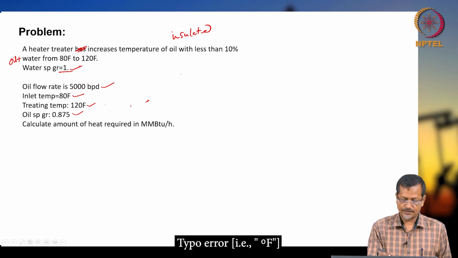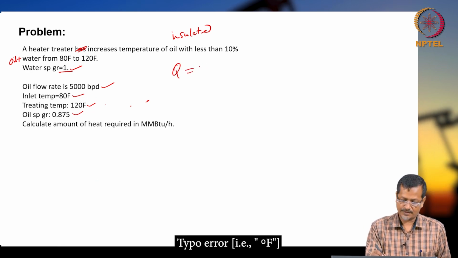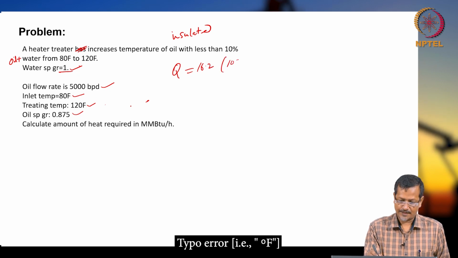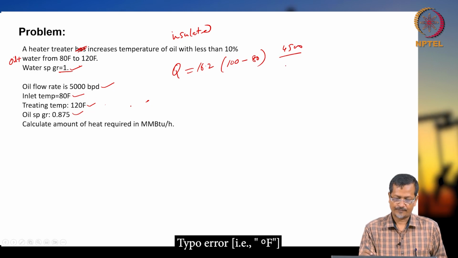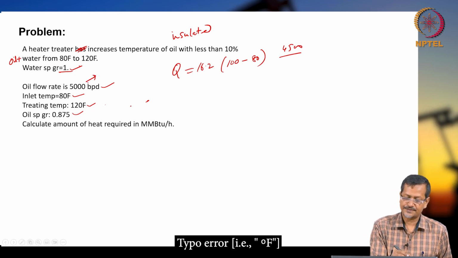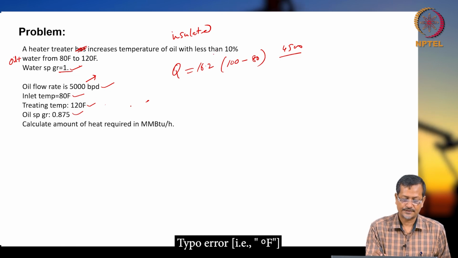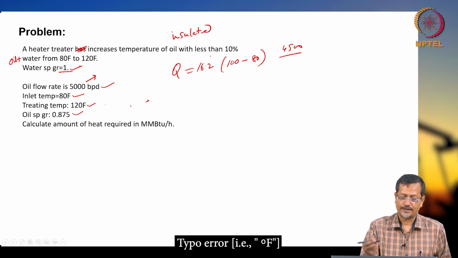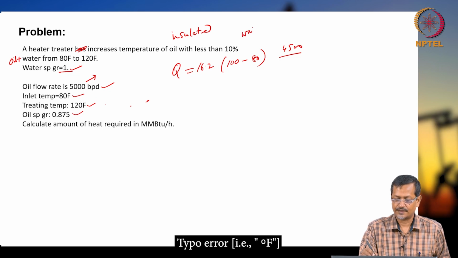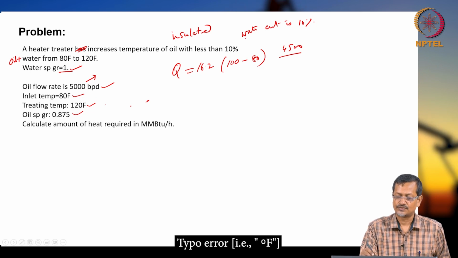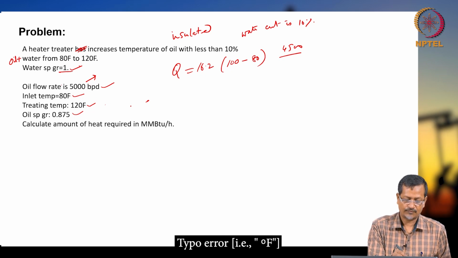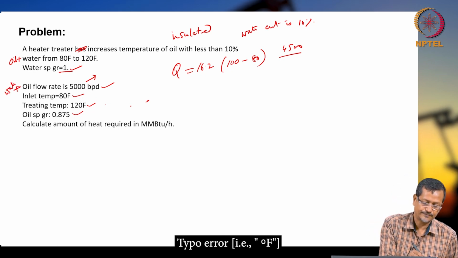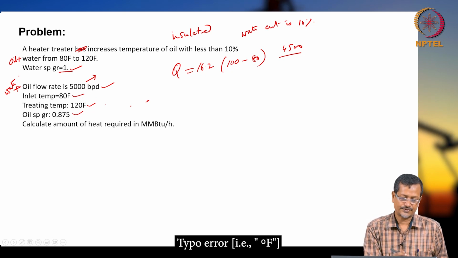So, how to do it? Q heat, the Q formula you remember, 16.2, 100 minus 80, 4500. Why 4500? Because I was assuming that water cut is 10%, so oil content is 90%. The oil plus water flow rate is 5000 BPD.